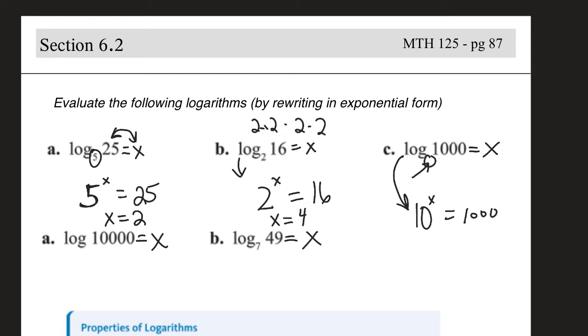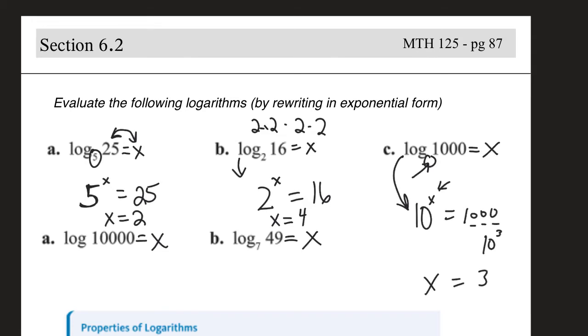A little tip when it comes to powers of 10: if you count how many zeros are in the result, that is the same number that goes in your exponent spot. So 1000 has 3 zeros, which means 1000 is equal to 10 raised to the power of 3. So x is going to be 3 for C.